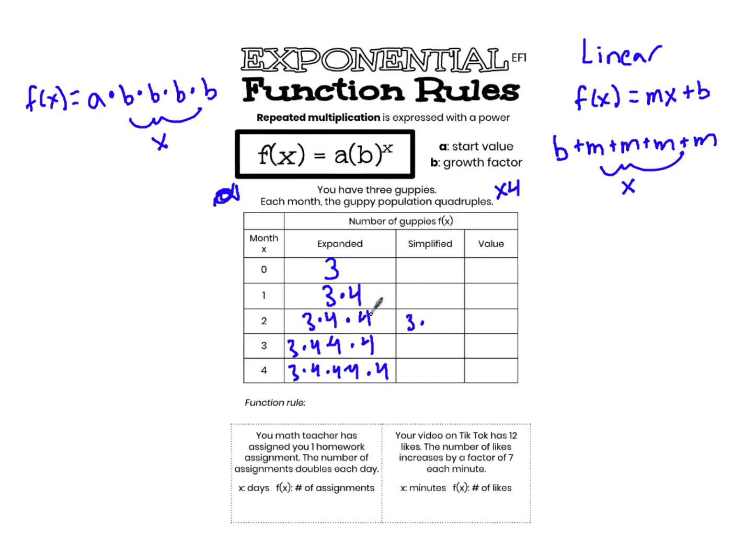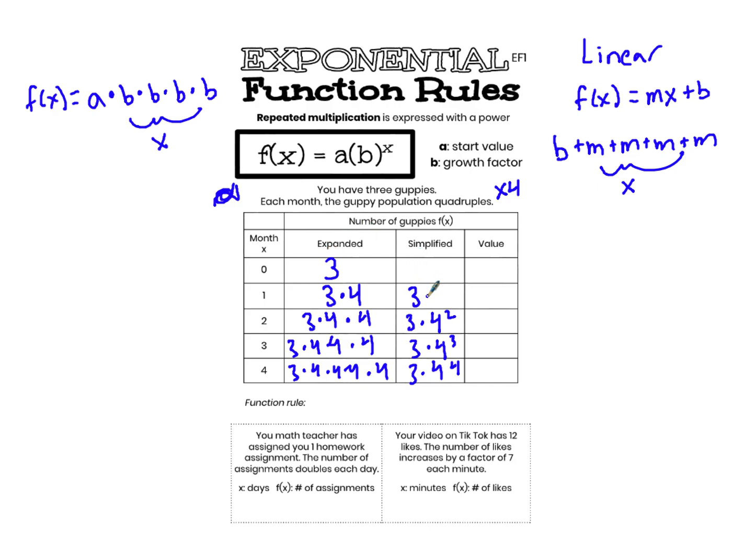So 3 times 4 times 4 is 3 times 4 squared. 3 times 4 times 4 times 4, I represent that multiplication with 4 cubed, or 4 to the 3rd power. After the 4th month, I have 3 times 4 times 4 times 4 times 4, which is 3 times 4 to the 4th power.